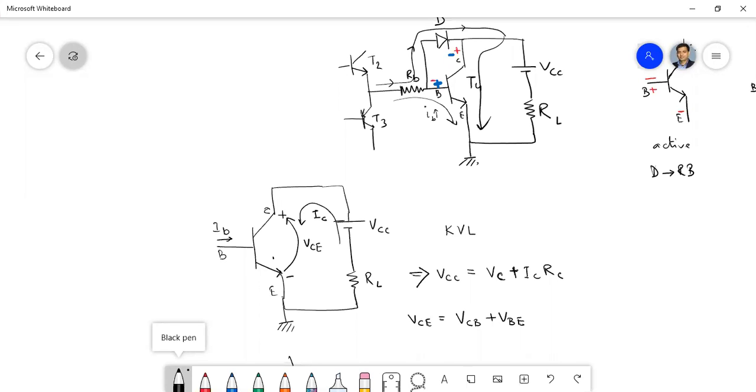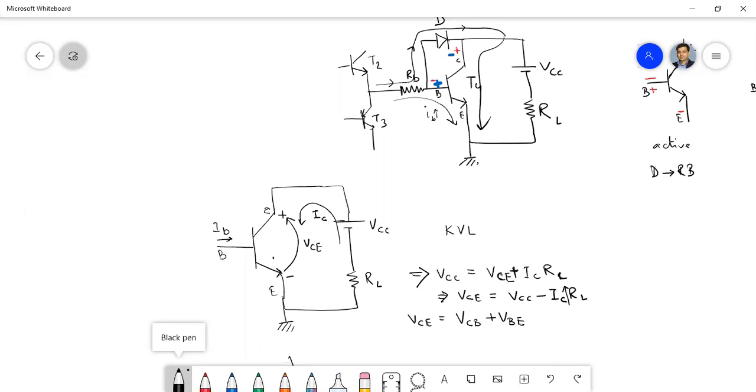Now, if the current flows like this, and if the collector current is increased, what about this VCE? Let me write another form of this equation. It's RL. Suppose this current is increased, what about VCC? Will it change?